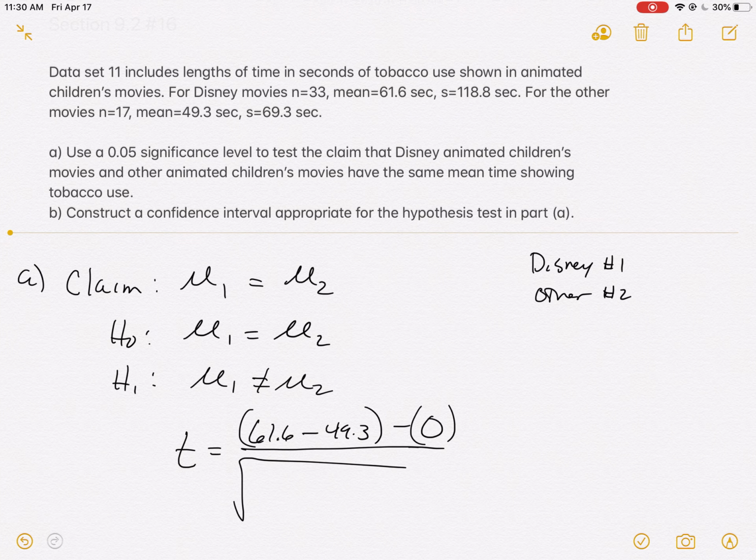So S1 would be the standard deviation for Disney movies, 118.8 seconds. That's a pretty big variation in there. And we don't forget to square it, all over 33 plus 69.3 seconds squared all over 17.